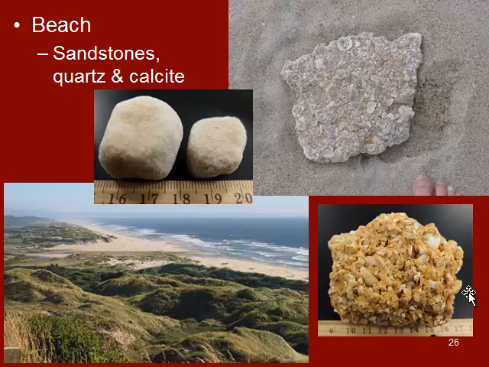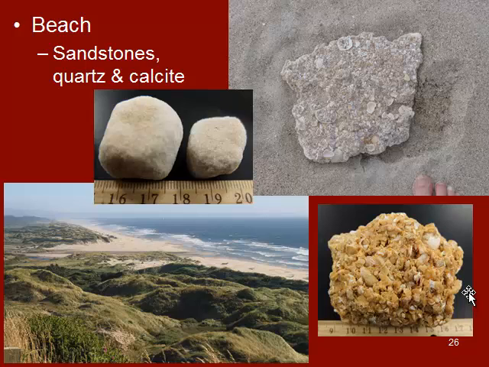Beaches, this is where we get lots of sandstones. Sandstones can be made of quartz and calcite, or both, or one or the other. Some of those sandstones can also be made of rock fragments, but usually you're going to have more quartz deposited. If you have calcite or shells present, that means you have a lot of biologic activity offshore, so lots of reefs could be present.